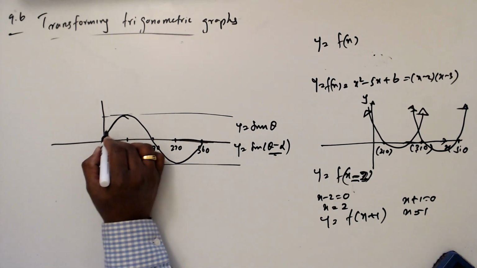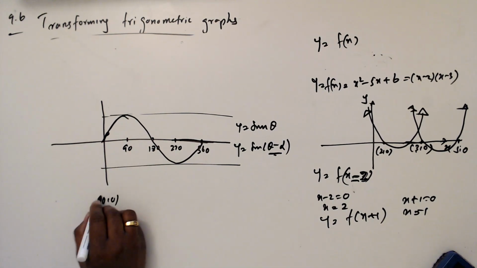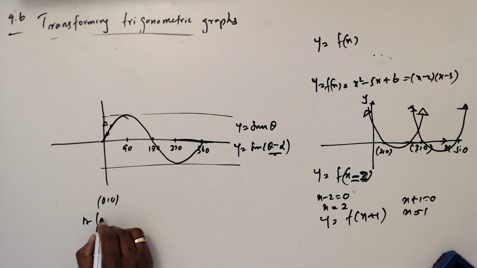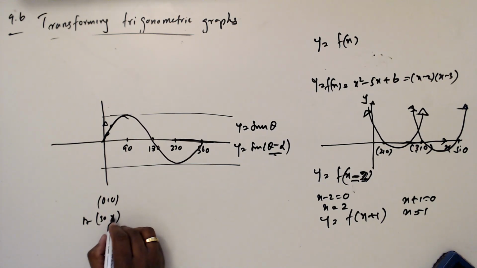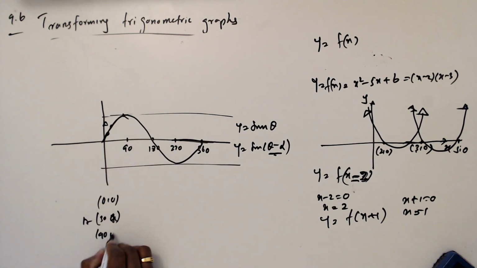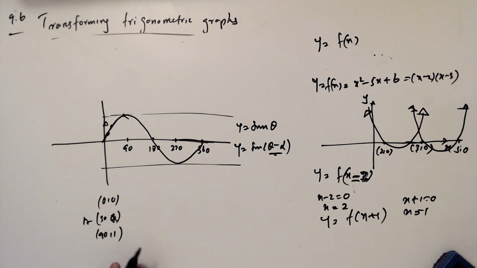Assume these coordinates, this is (0, 0), this coordinate is let's say (30, y), and this is (90, 1), and likewise. I'll take only that one. Now what are the x coordinates? 0, 30, 90.